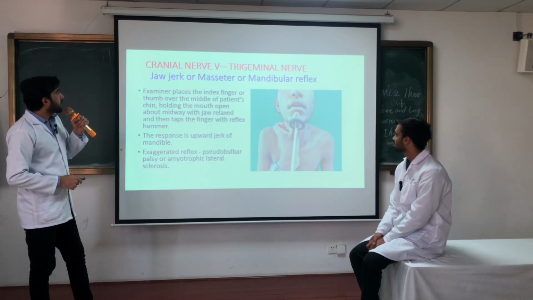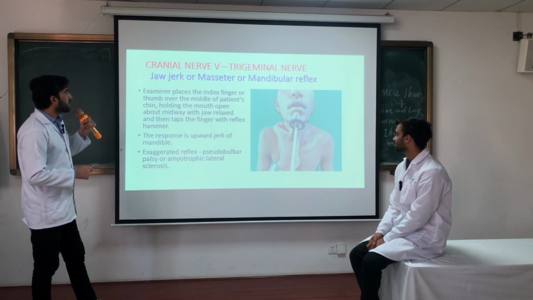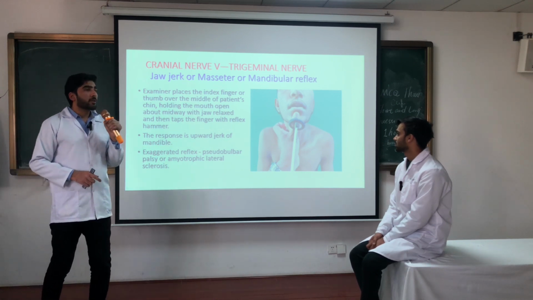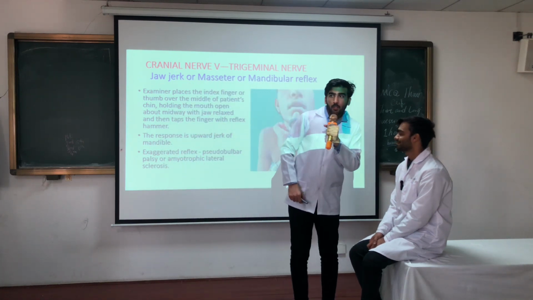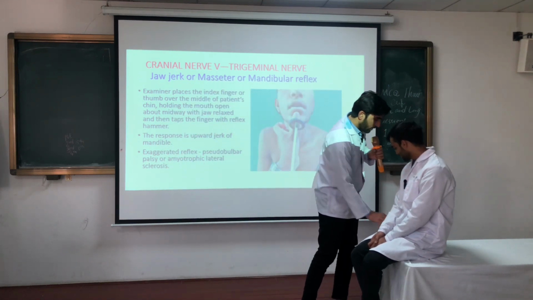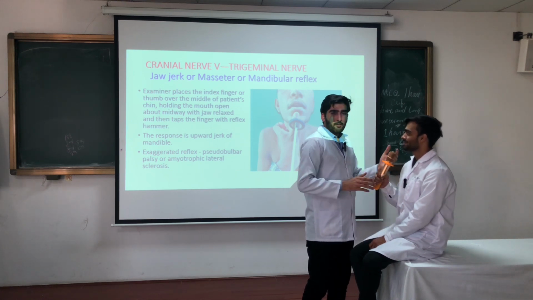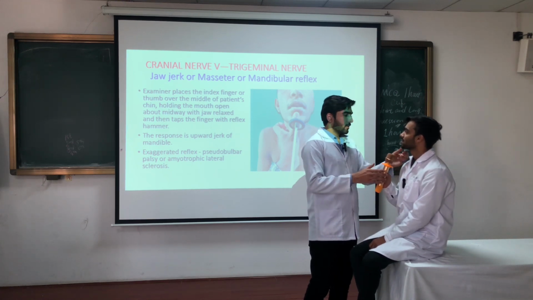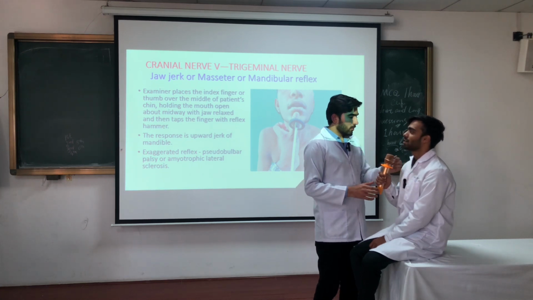And next is the jaw jerk or mandibular reflex. So what is this mandibular reflex? First of all, this is our patient Abubaker. We ask the patient to open his mouth a little.